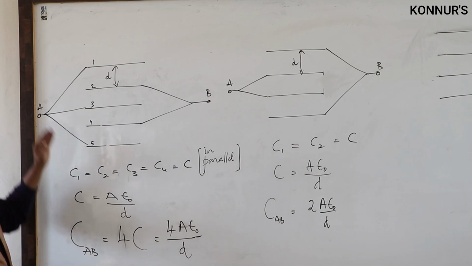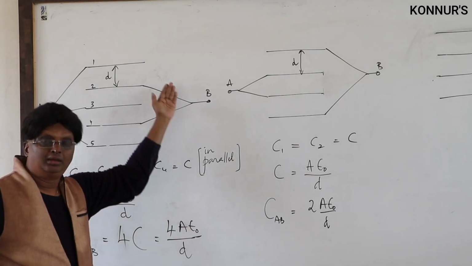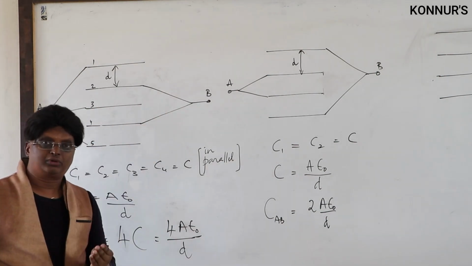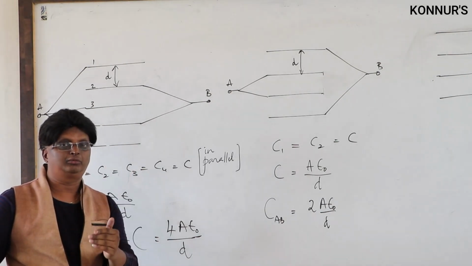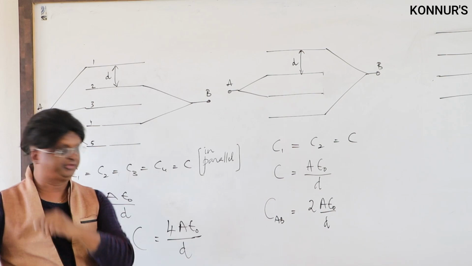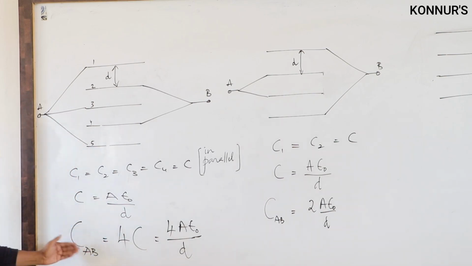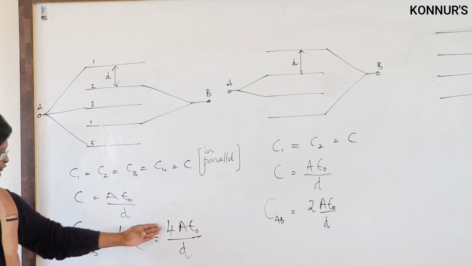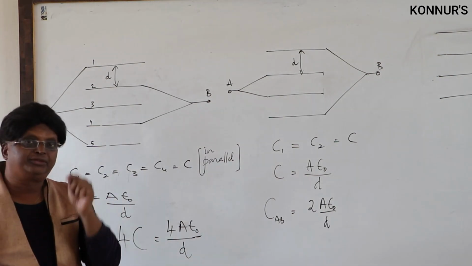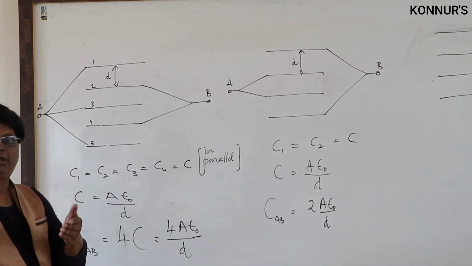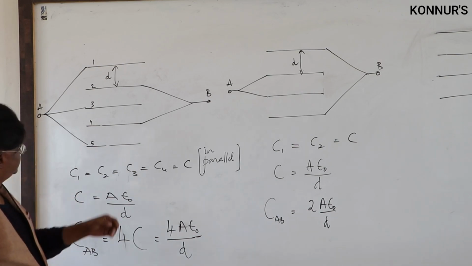Now the effective capacity across AB is a parallel combination of 4 identical capacitors. You remember, for n identical capacitors in parallel, we have said the effective capacity is n times C. The same I have taken here. So C_AB is 4C, that is 4A epsilon naught by D. When you look at these numbers, one thing is very clear: you can generalize the result.